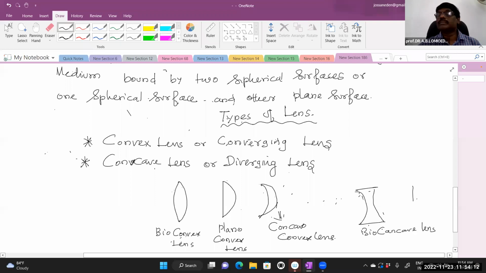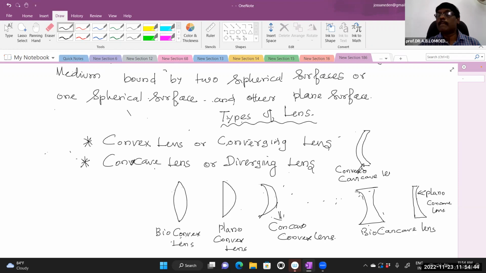Another one, plano-concave lens, and the third one, convexo-concave lens. These are the types of lenses.